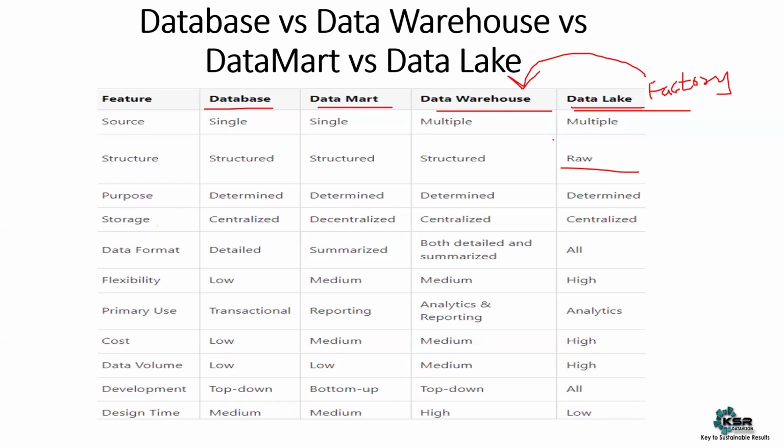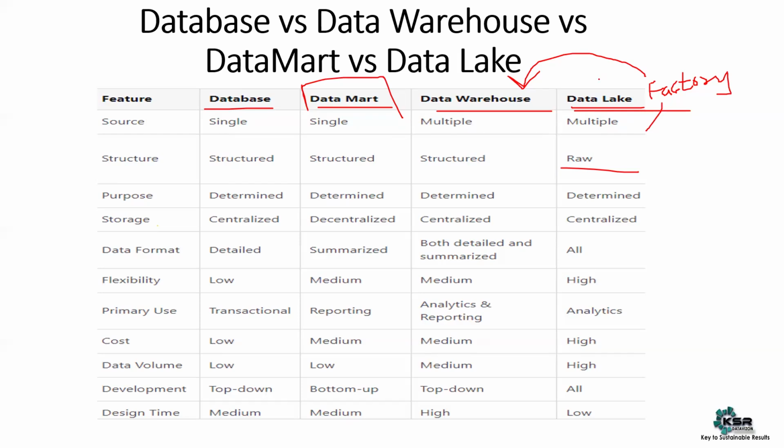All your loose food products, you can take an example of any dal, any seeds which you are utilizing on a daily basis, they are all kept in a single rack. So those single racks are called data marts. A data mart is nothing but a similar set of information stored in a data warehouse. So whenever a product is manufactured from a factory, that factory is your data lake.